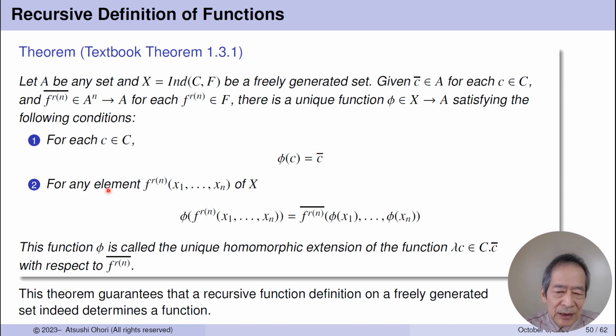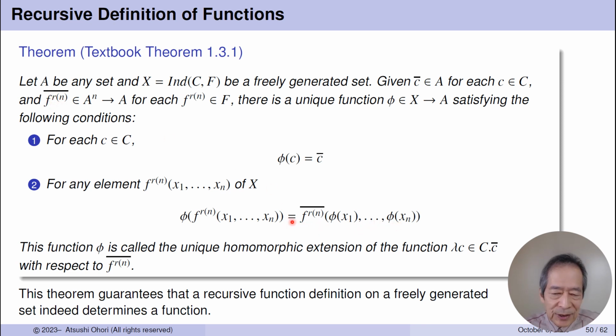And for any syntactic object constructed by this function f in this freely generated set, application of phi to this constructed element is equal to: first you apply phi to each element in a given tuple, and you make a tuple in this semantic space, and then apply this function f-overline.